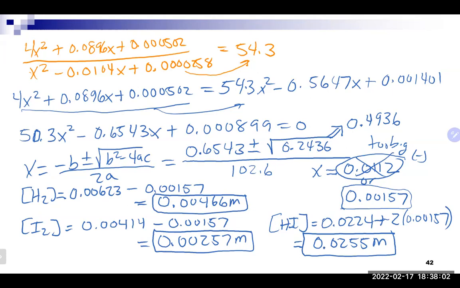Hopefully not too bad. That minus 4 times A times C. So pretty close.